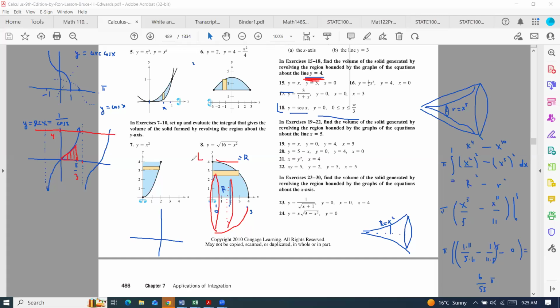So when you start to rotate it, look at what happens. You're going to get that point gives us that circle, and that point gives us a big circle. You see what's going to happen? How about that? So this is going to be the figure that we're trying to find the volume of.